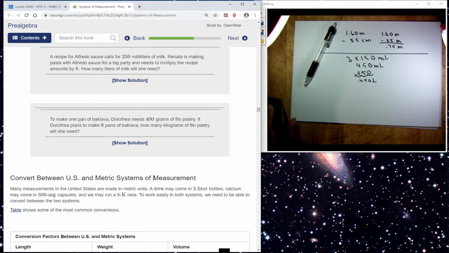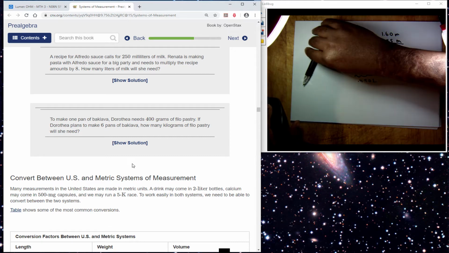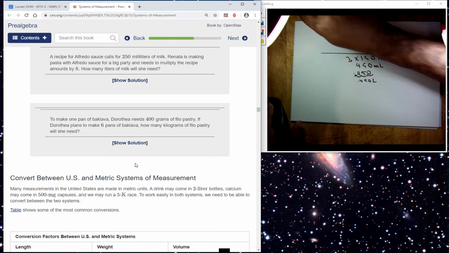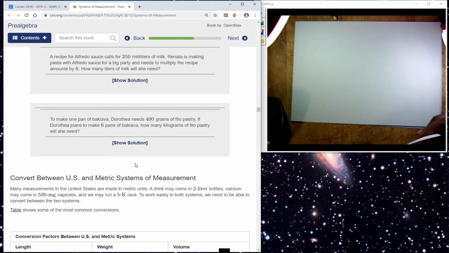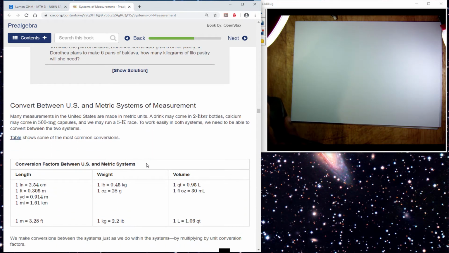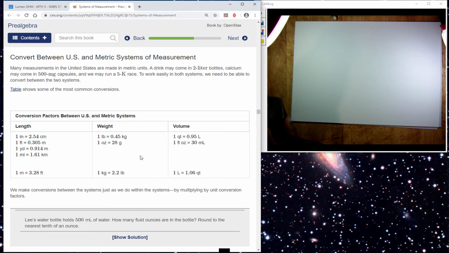Now we'll look at converting between the US and metric systems of measurement. Here we have some approximations between different conversions, metric and English conversions.